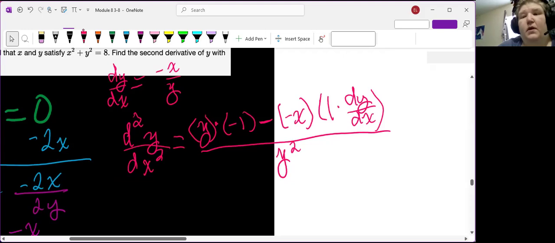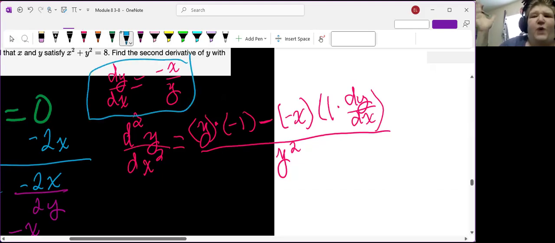All right. So technically, I did the thing. Realistically, when they say find the second derivative, they actually want it in terms of x and y, not also in terms of dy dx. Luckily, we happen to have this handy dandy formula for dy dx.